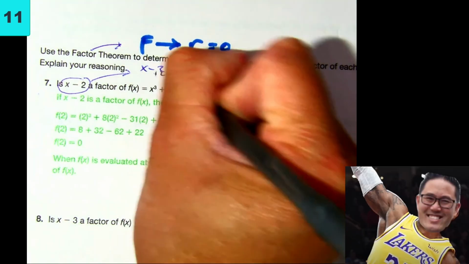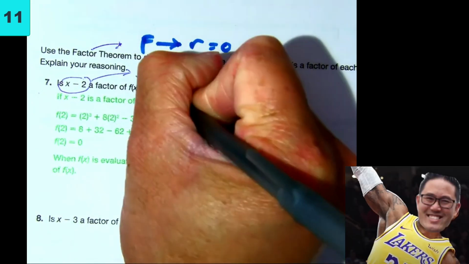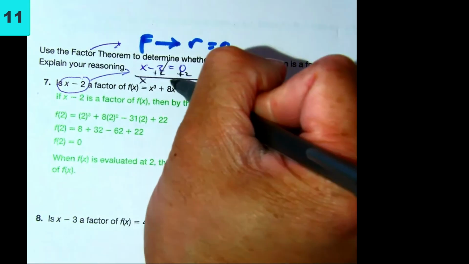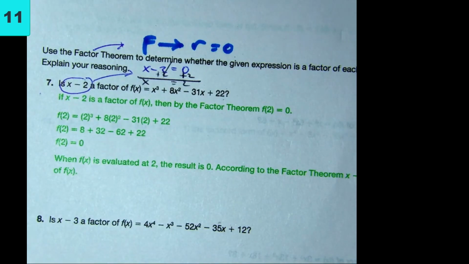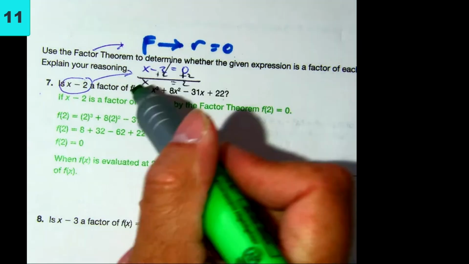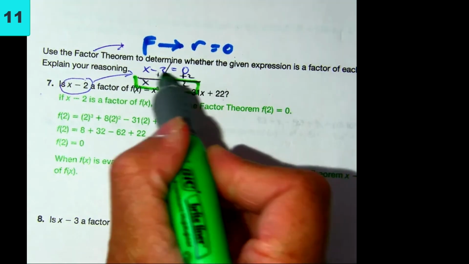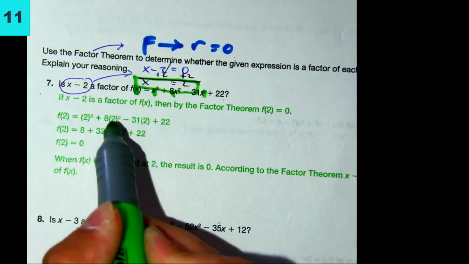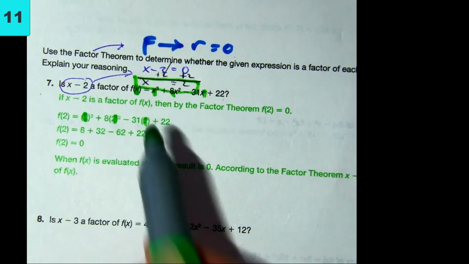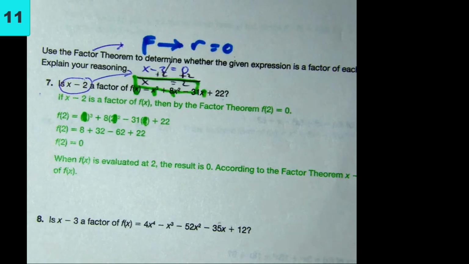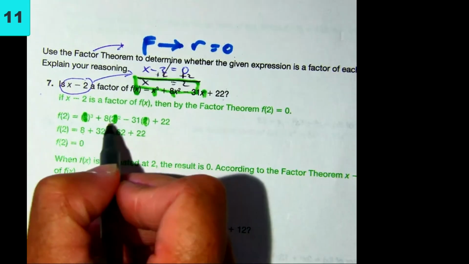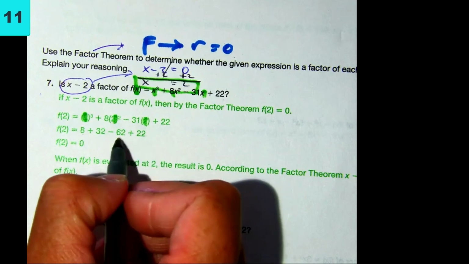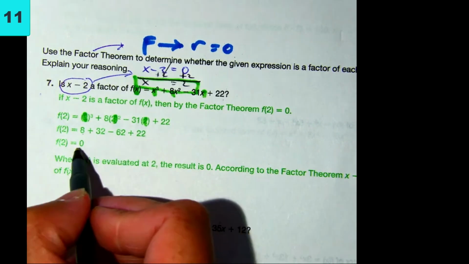You add 2 to both sides, and then we get x equals positive 2. Well, what do I do with this x equals 2? Every x value, they're putting in a positive 2. So they got 2 cubed is 8, 2 squared is 4, times 8 is 32, 2 times negative 31 is negative 62, and 22. Add those together, you get 0.